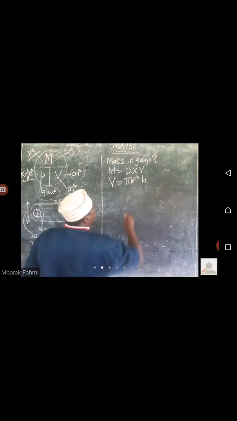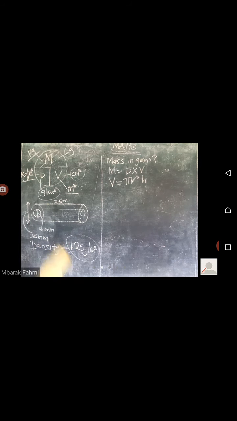So we can as well just calculate this, because the height is the same. We get the area of the bigger circle minus the area of the smaller circle. After getting that, we just multiply directly with height. That will be very okay.